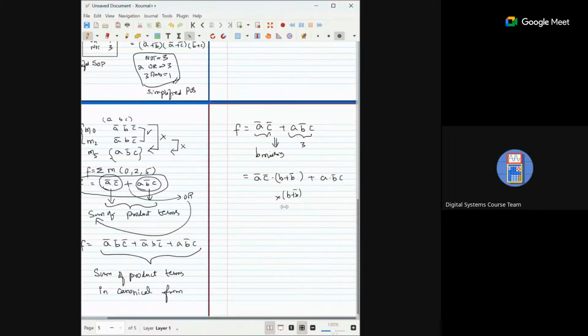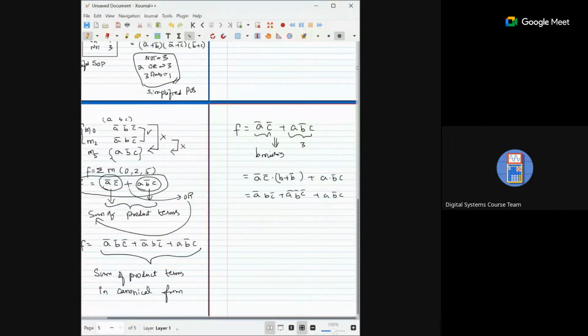Hence I can expand it with the help of the distributive law. It is nothing but A bar B C bar plus A bar B bar C bar, like this. Is it okay? So now let me take the product of sum terms.